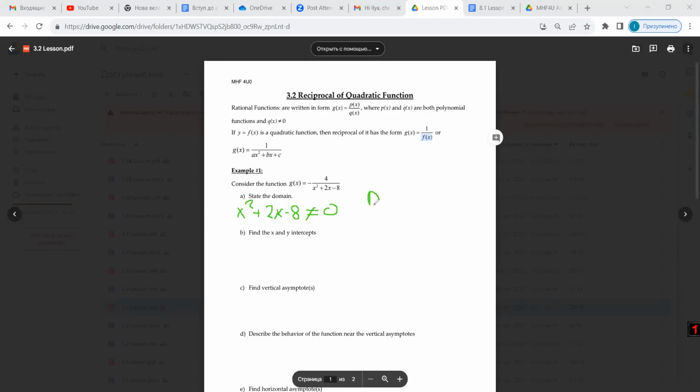I prefer the discriminant method, where we calculate b squared minus 4ac, which equals, in this case, b is 2, so it's 4 plus, because we have minus here, 4ac, 4 times 8 is 32.